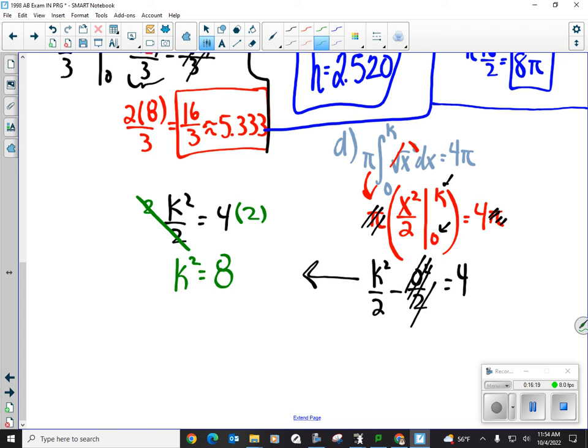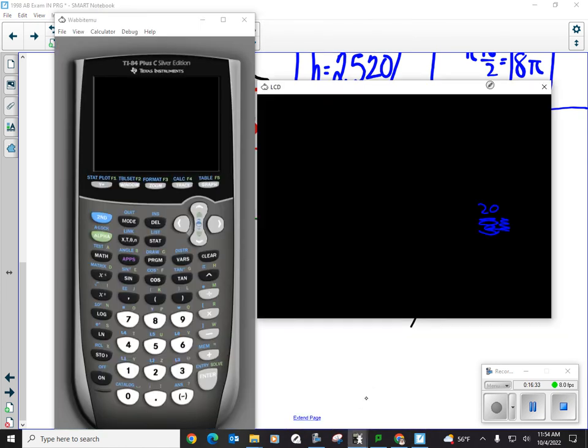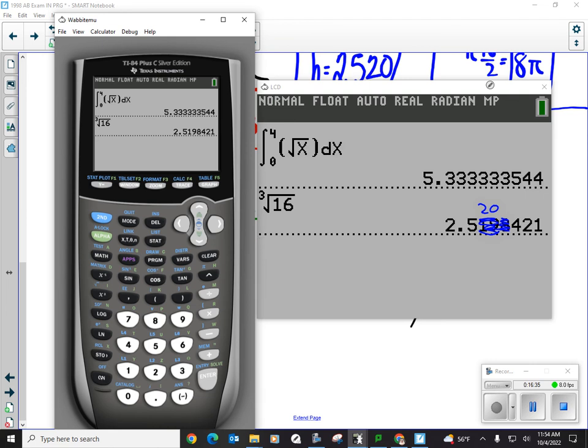All right, one last thing. Square root both sides. k equals the square root of 8. And the square root of 8, if I put that in a calculator, I could reduce that with radicals, but they never ask you to simplify on part 2s.